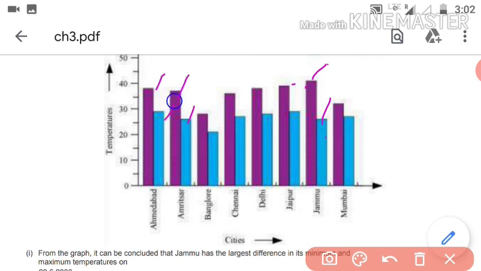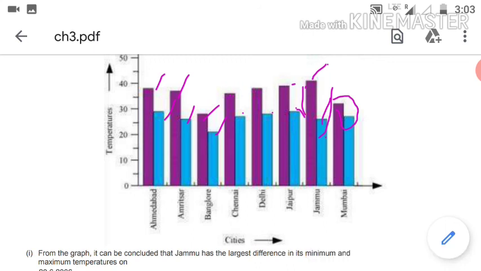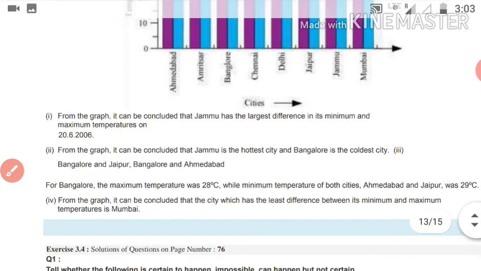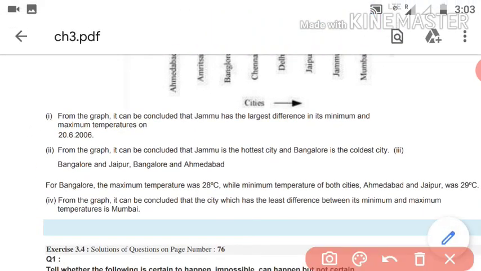For the other bars you can see their difference is quite small, but for Jammu it is very big. If the question asks which is the smallest one, then it will be Mumbai, because the Mumbai maximum and minimum difference is very small, according to the graph. So this answer is done.